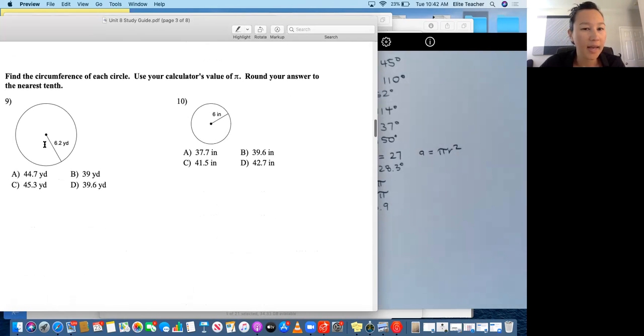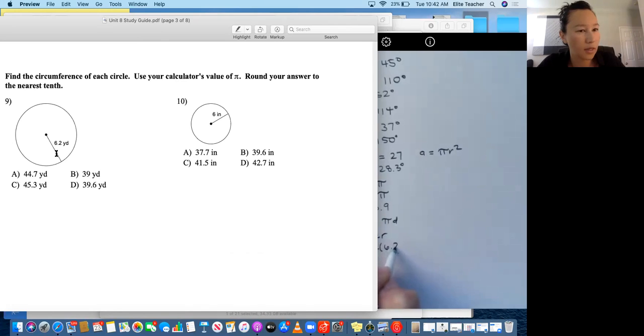Okay, and then 9 and 10, we need to do the circumference. So the circumference is pi times the diameter. So remember, that's the distance around the outside of our circle. So we need the diameter. So it looks like for number 9, they're giving us the radius. So first we need to find the diameter, which is 2 times the radius. So our radius is 6.2. So that would be 12.4 for the diameter.